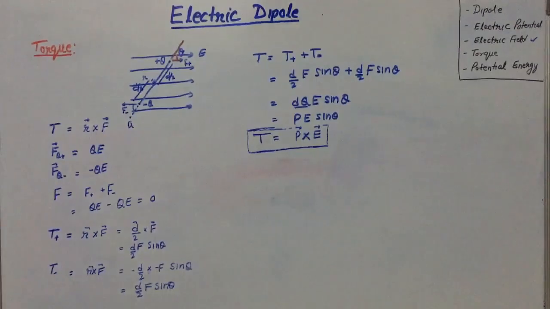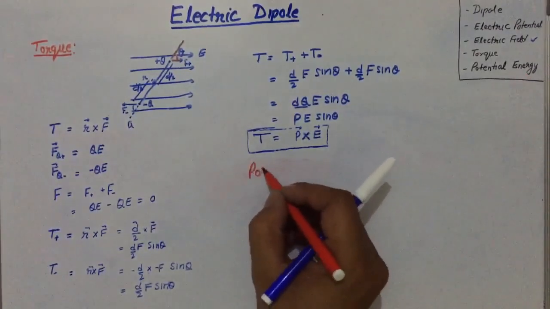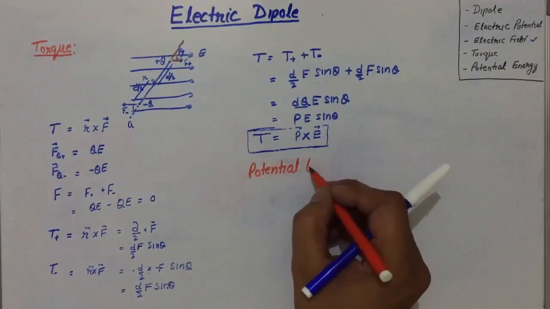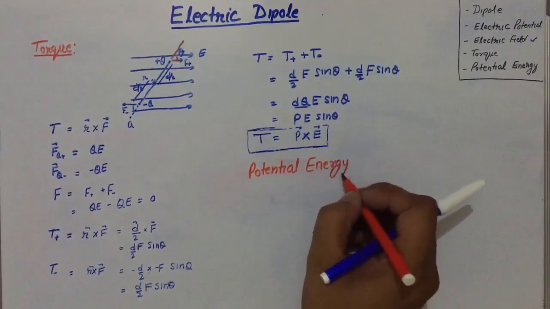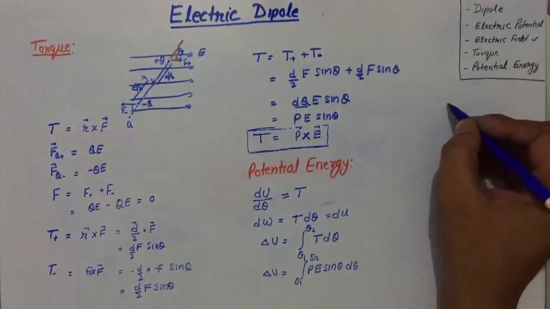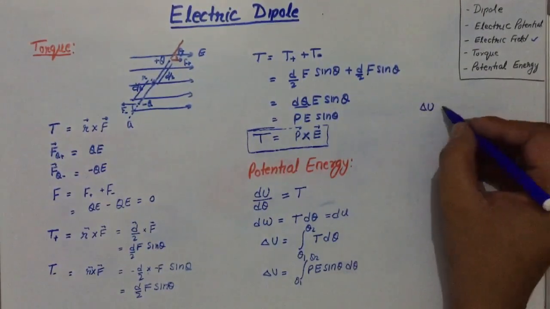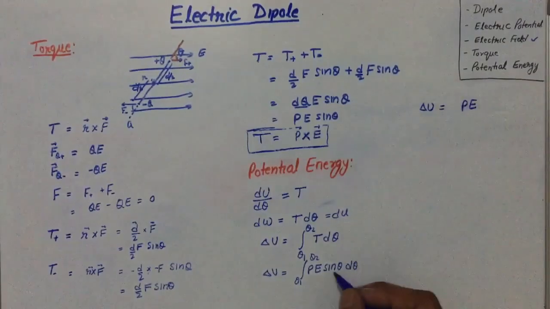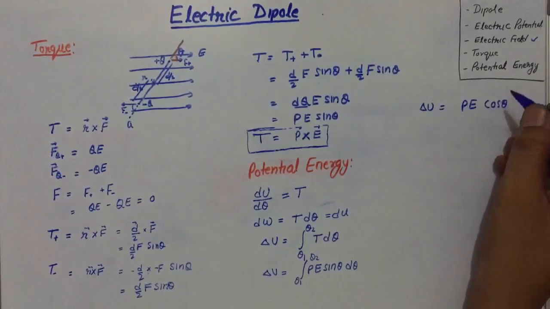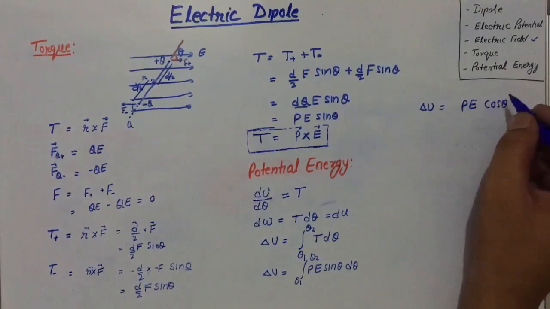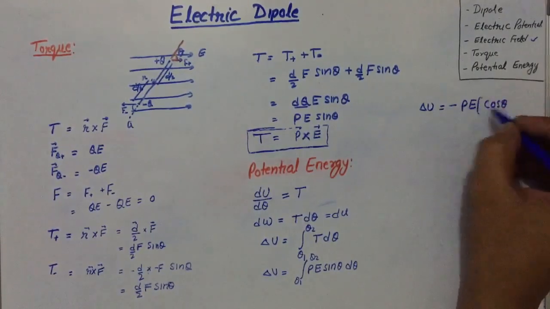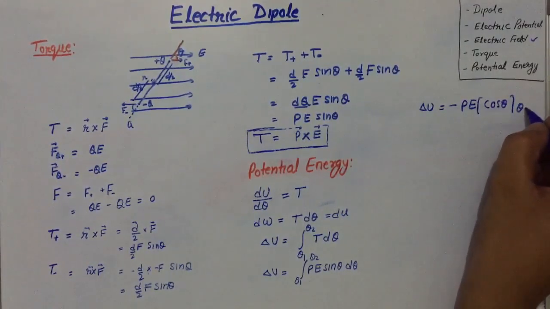Now let us discuss the potential energy. The change in potential energy can be written as the integral of PE sine theta, which gives cos theta with a minus sign, from theta 1 to theta 2.